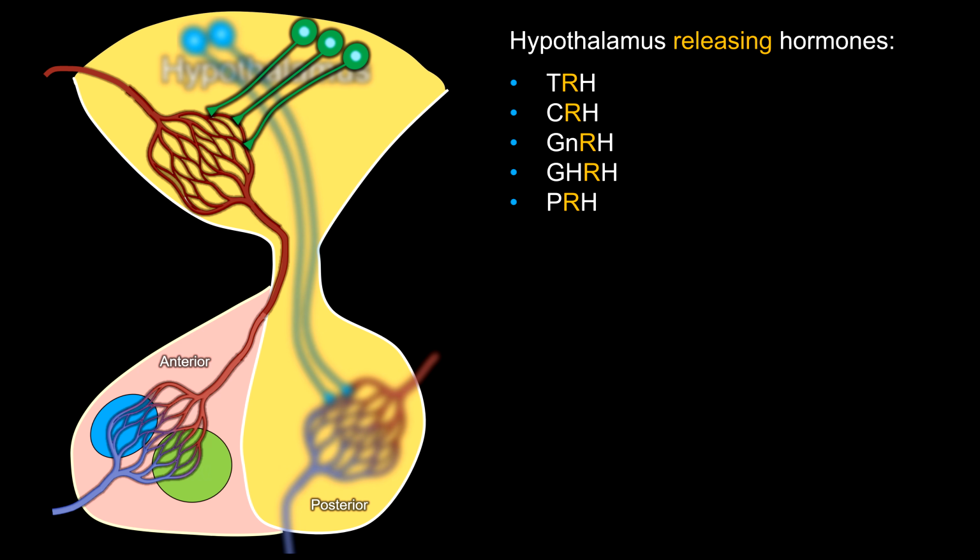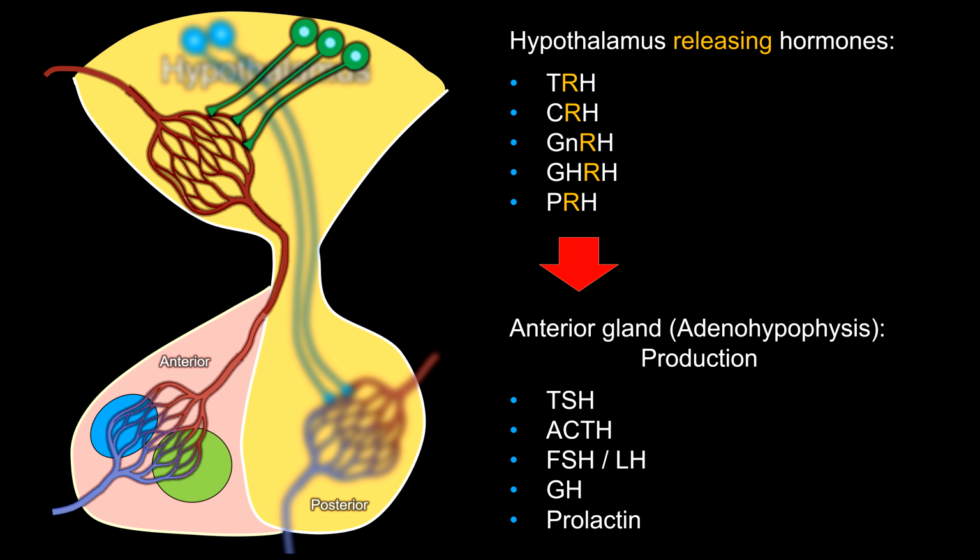Now, the anterior pituitary gland, as you remember, secretes various different hormones. And initially, the hypothalamus would produce various releasing hormones, such as TRH, CRH, PRH, etc. So the hormone will in turn stimulate the production of the other hormones within the anterior pituitary gland.